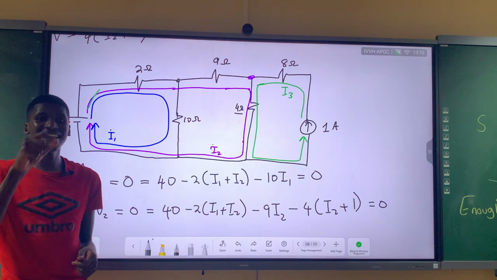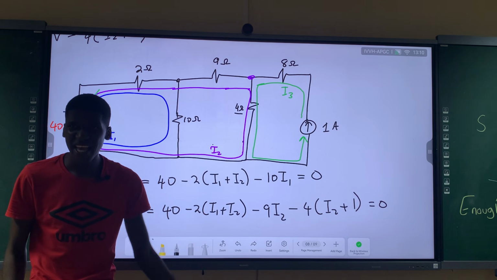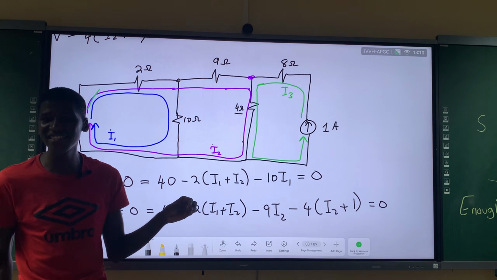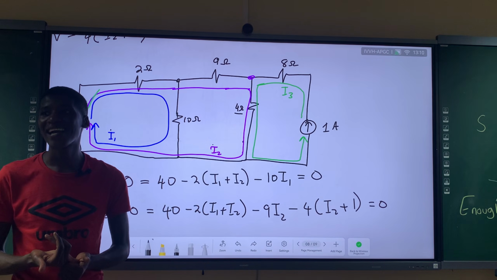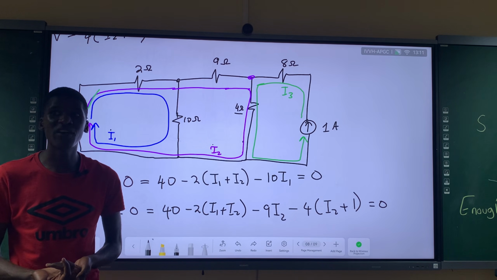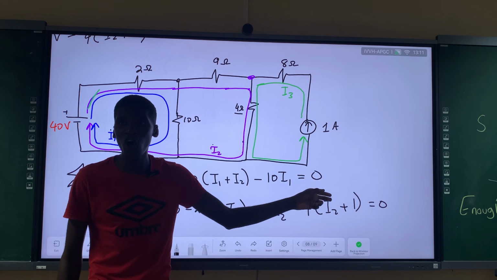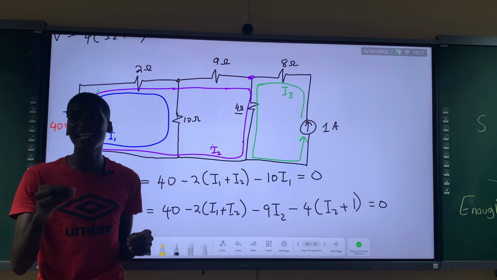We create a loop of current and it uses Kirchhoff's voltage law. The opposite of that is when we do node voltage analysis, or the node voltage method, where we use Kirchhoff's current law. So the loop current method uses Kirchhoff's voltage law, and node voltage uses Kirchhoff's current law.